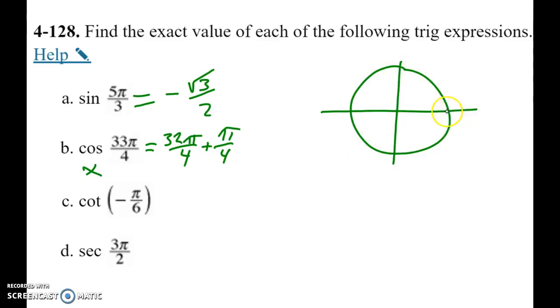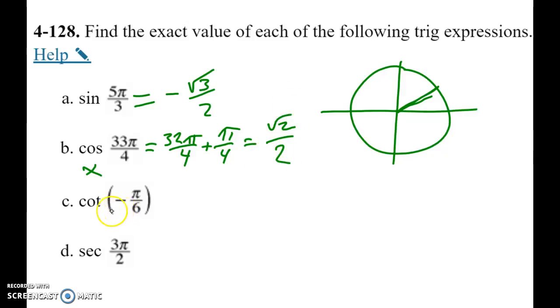And then if I want 2 more groups around, then that would be 32 pi over 4, and we're right here. So decided to break this into 32 pi over 4 plus 1 more pi over 4, and that leaves me right here at pi over 4. And the x value there would be square root of 2 over 2.